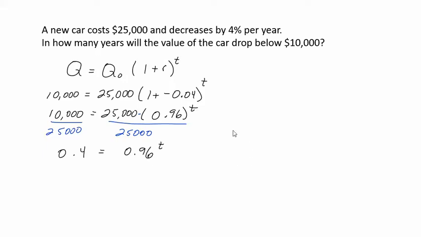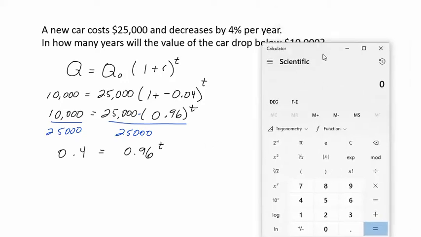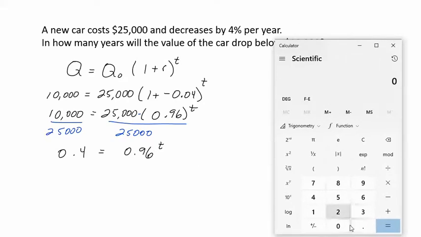Okay, so to guess and check this, all I'm going to do is guess a certain number of years. Let's say I think maybe it's 10 years. So I'm going to go 0.96 to the 10th power. So that's going to drop to 66%. I need to go more years. Alright, so maybe we could make a little chart of our results.